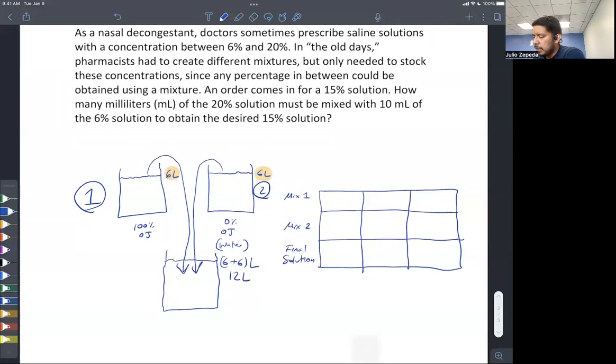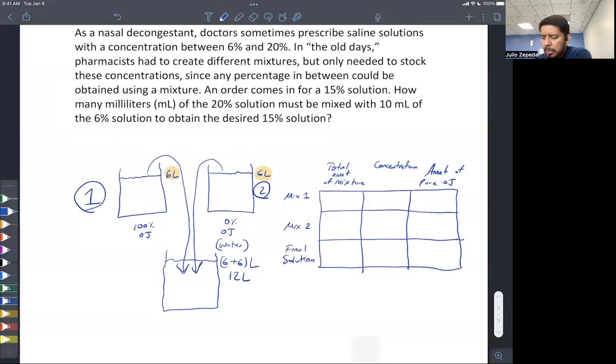Let's call them the total amount of mixture, the concentration, and then the amount of pure orange juice is going to be something that's relevant.